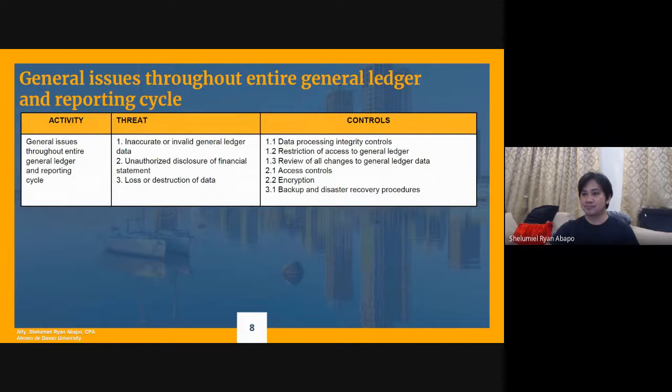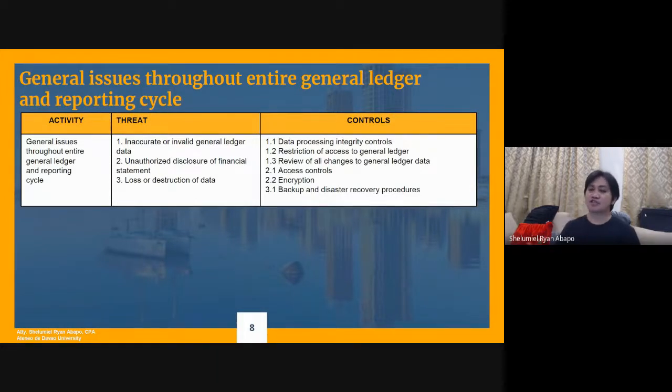Okay? So, it is also important that we restrict access to the general ledger, because restriction would create certain accountability. So any error or unauthorized access to this general ledger database can only be pointed to a single individual or to a group of individuals, probably two or three, because they're the only ones given access.